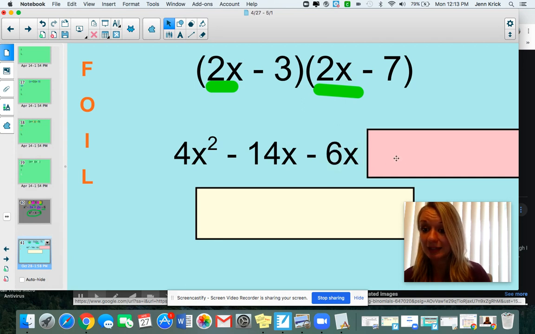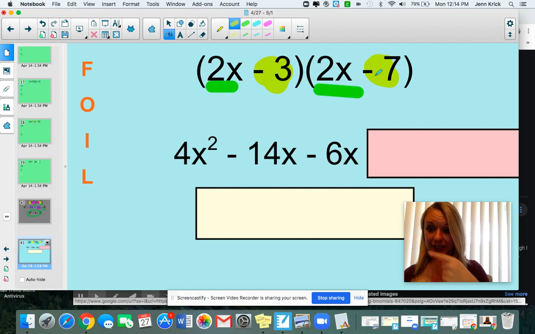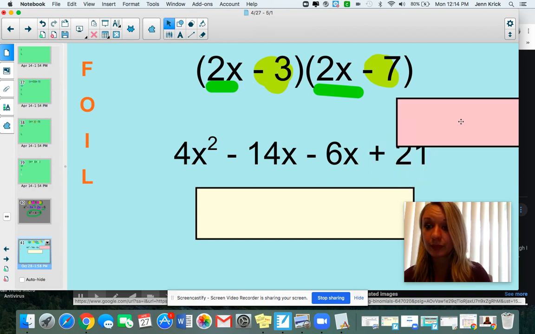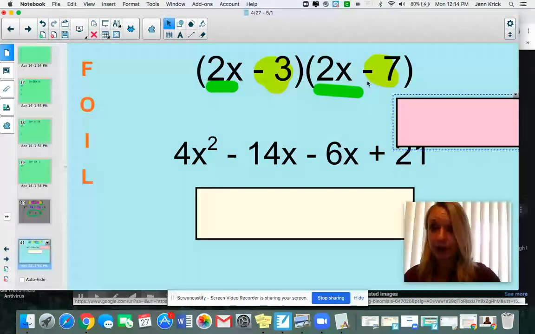And then last, be careful, this is some way that some of you guys get tripped up with in FOIL. It's a really easy math mistake to make. If we do -3 times -7, negative times a negative gives us a positive. So that's going to be a +21. So we started with our two binomials.